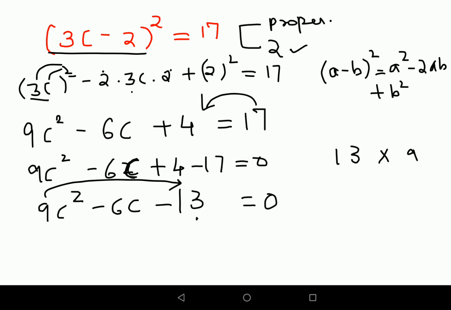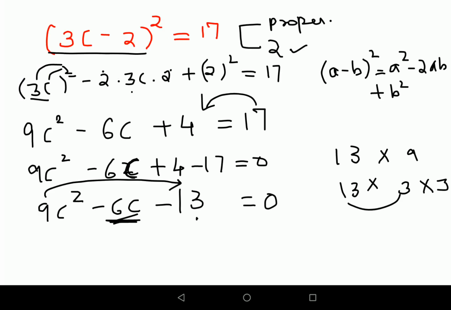So now this 9 can be split into 3 into 3. 13 we can't split because it's a prime number. So now again 13 with 3 gets you 39, and then plus 3 minus 3, still you will not get your minus 6. And 9 and 13 also doesn't get you minus 6. So here we are stuck.